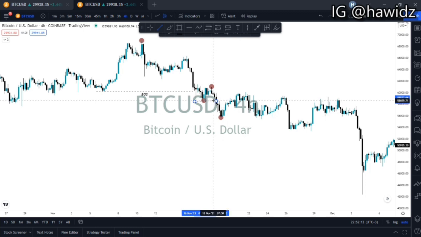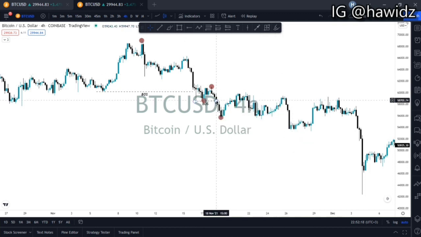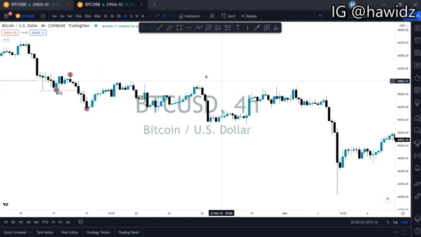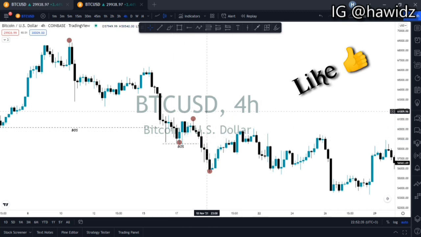It broke structure. So we are only gonna be following the institutional order flow, and as we know it, we will only be dealing with structural breaks, right? And if you don't know what institutional order flow means, then go to the previous videos and check out the institutional order flow video and the other order flow videos that have been posted previously.